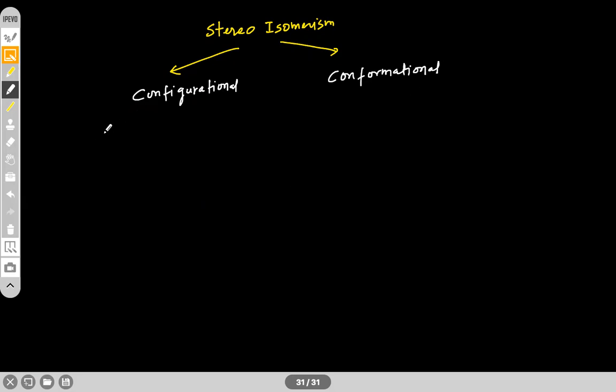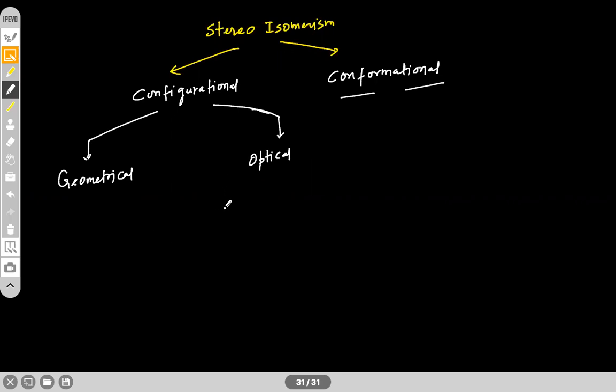Configurational is classified into two categories, that is geometrical and optical. Conformational, we have one type. So this is the stereoisomerism.